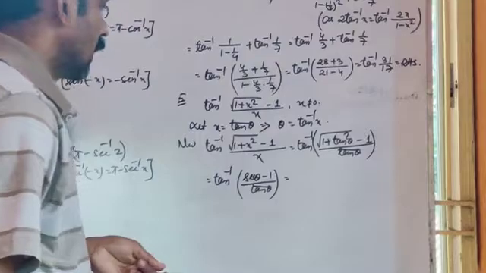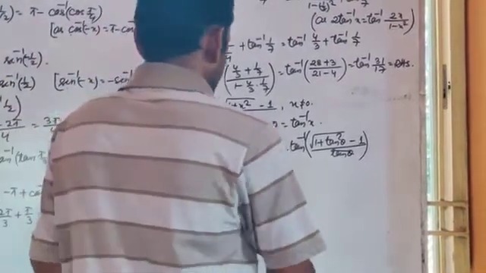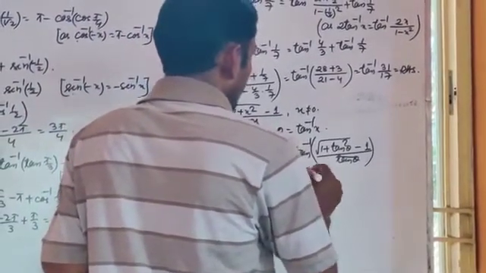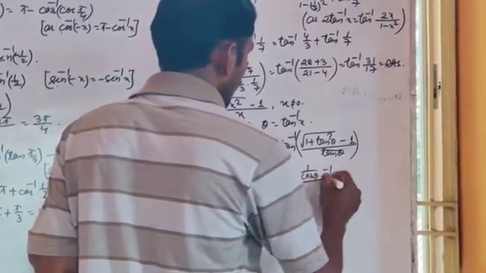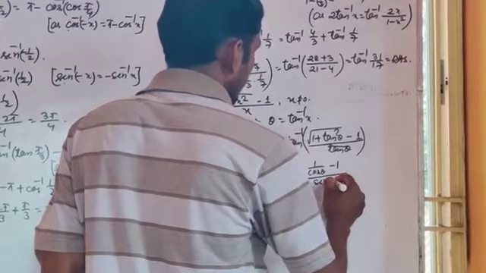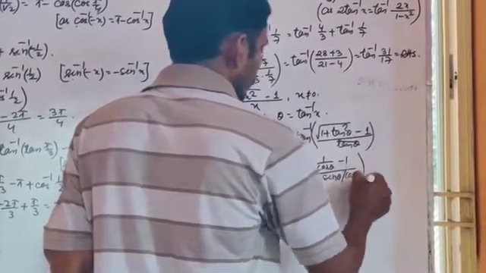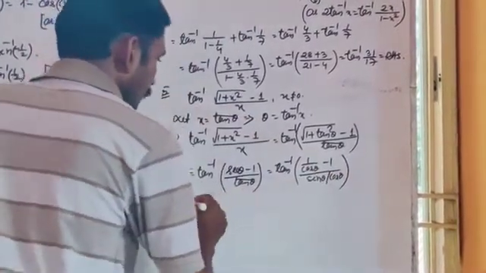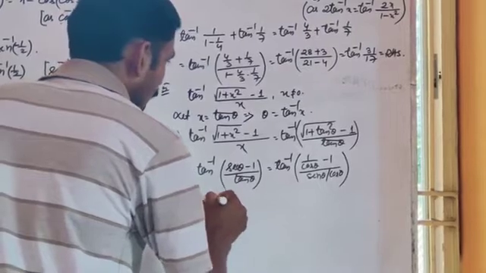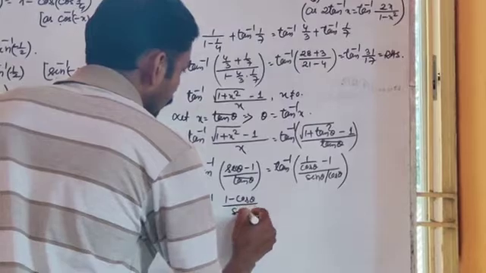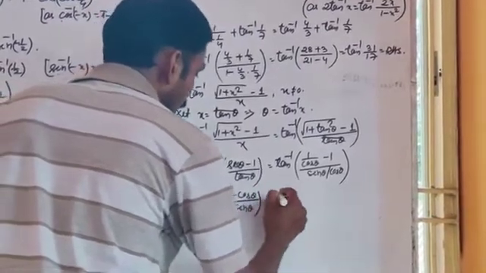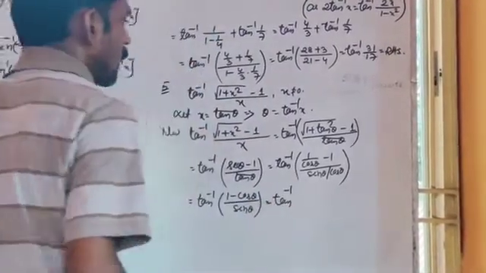Now you can split it in terms of sin and cos, so it is 1 by cos theta minus 1, divided by sin theta by cos theta. So now it is tan inverse of 1 minus cos theta by sin theta.